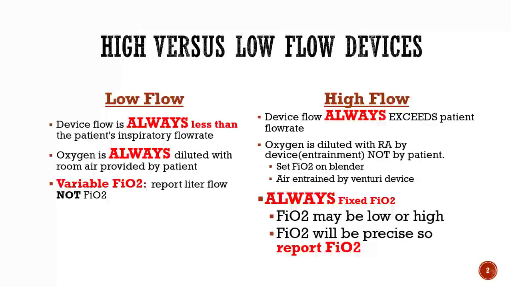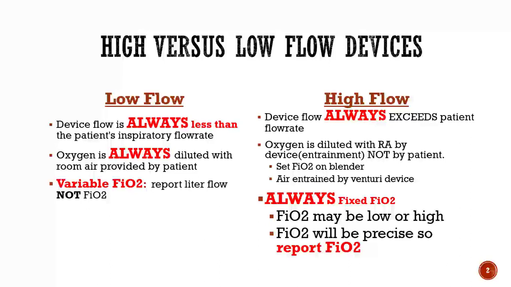In that situation, the device is diluting that oxygen to 50%, pulling in room air to make that FiO2 50%. The patient is not diluting that oxygen at all, because the device itself is meeting the patient's entire inspiratory flow needs. So it's always going to be a fixed FiO2.